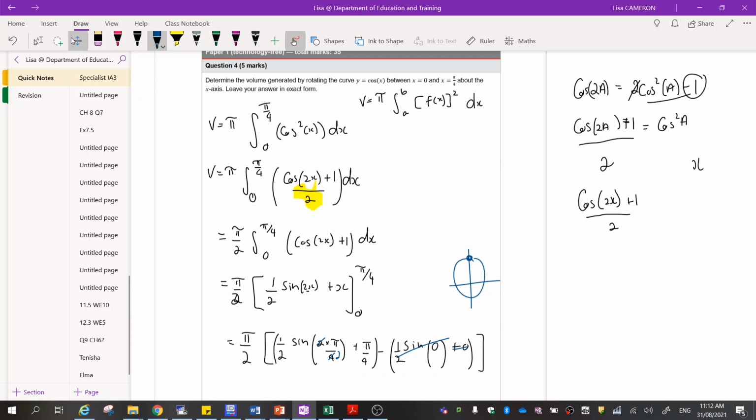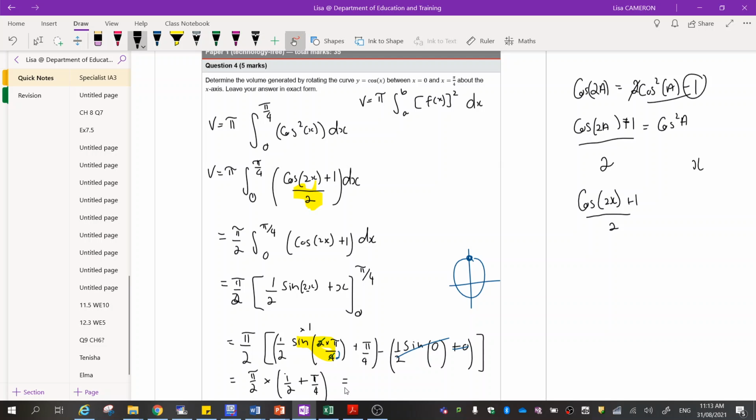So this is equal to 1. So now I'm left with pi on 2 times a half plus pi on 4.